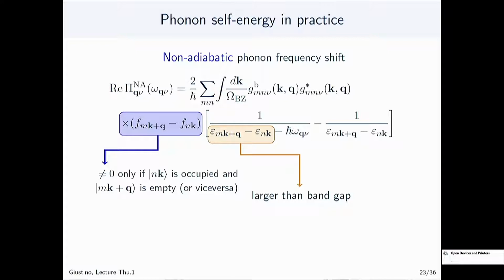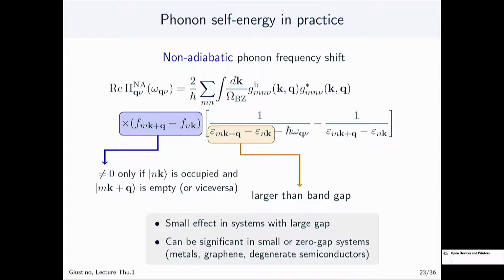So it's a tiny quantity, okay? So this frequency shift, in the case of insulators with a good band gap and with small phonon frequencies, is essentially negligible. It's not 0, but it is small, and in most applications in insulators it doesn't matter, okay? Or at least the experiments are not as refined as to resolve this kind of small features. The problem is that this reasoning that I did holds for a finite band gap.